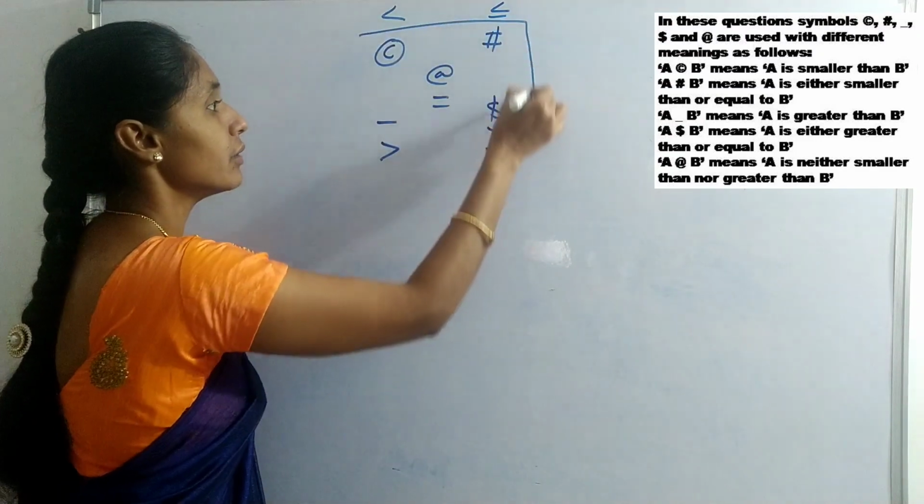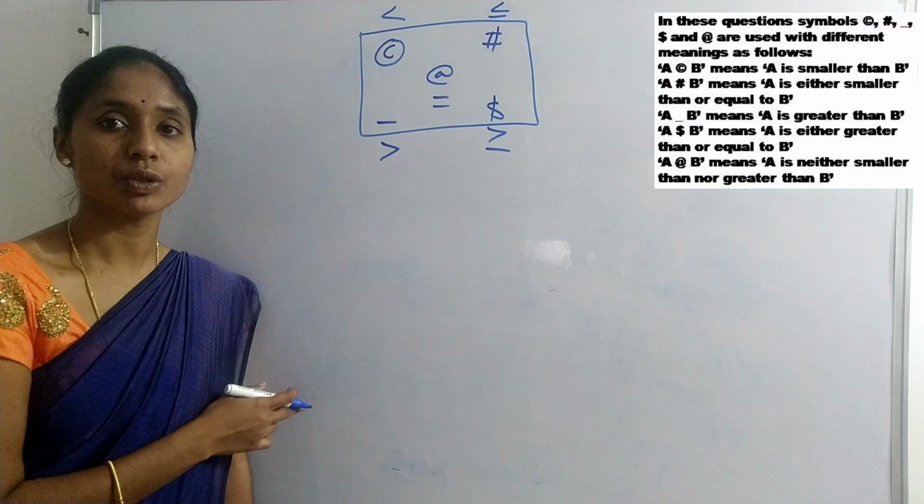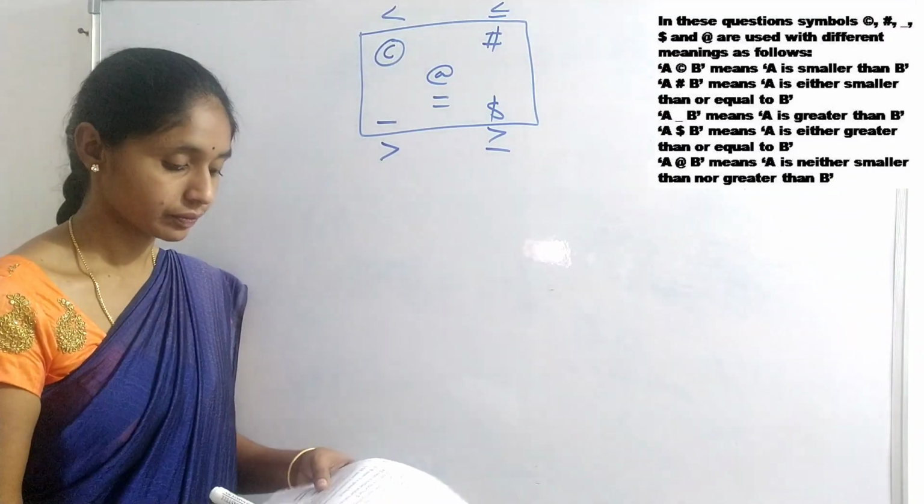These are the given coded values. Okay, by using this we should answer the questions.